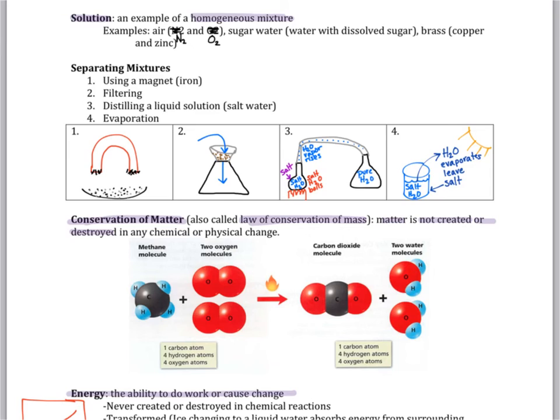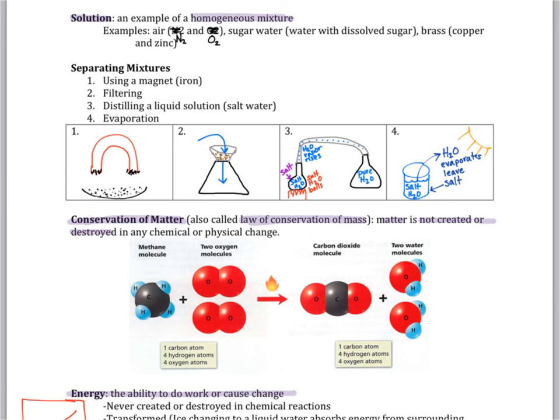So conservation of mass is a really important topic because we are never creating matter, we are simply rearranging things. So if you look here at this final example, you can see that methane, which is a gas that is flammable, has 1 carbon and 4 hydrogen atoms.